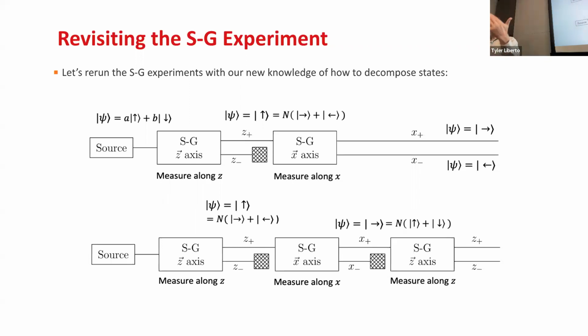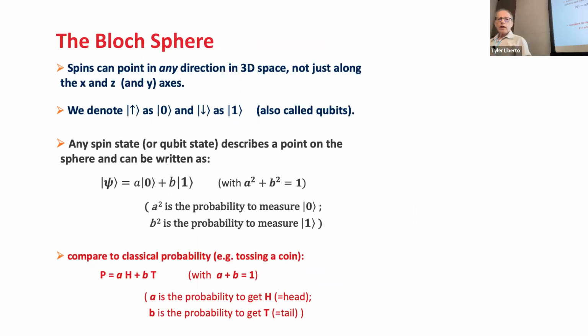That means at the end, you get only an up ket out, because there was no component of a down ket there. So that's my experiment.